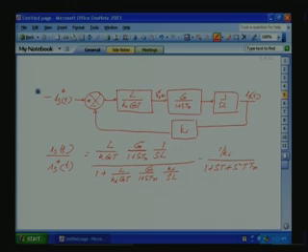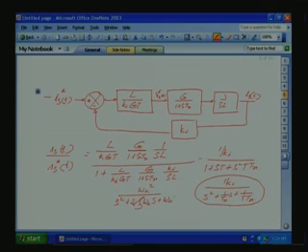So, this also we can write in a different form like this, that is 1 by Ki divided by S square plus 1 by TRS plus 1 by TTR. This is of the form omega n square by S square plus 2 theta omega ns plus omega n square. Okay. So, it being a second order, the response is like a second order.